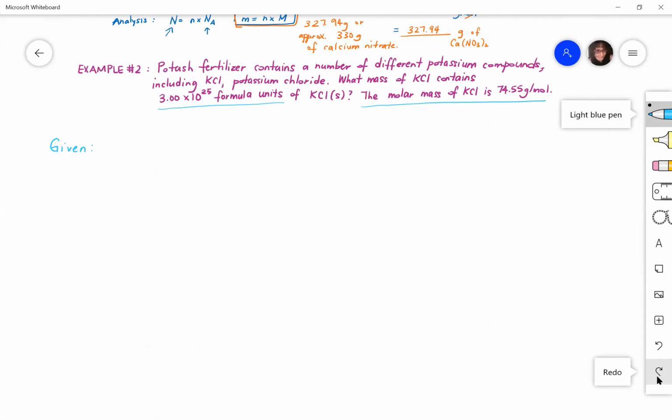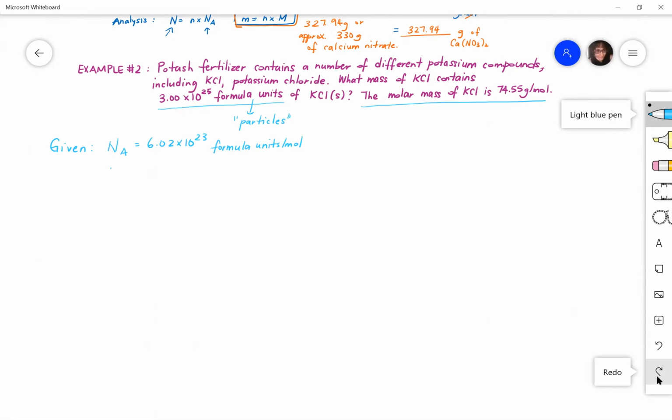Given information, I just mentioned Avogadro's, so always note that down. If you don't know how to do anything else in the question, write this down. And the particles that are mentioned here in this question are formula units. So we're going to write down that we have these formula units per mole.